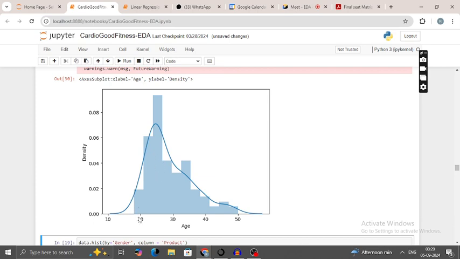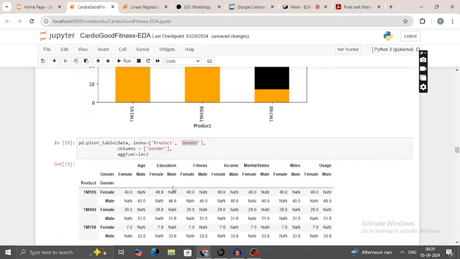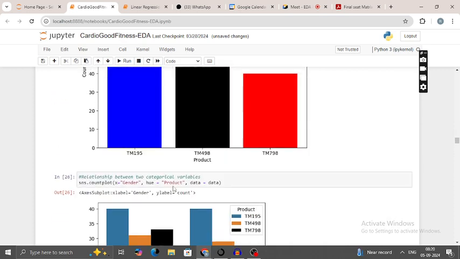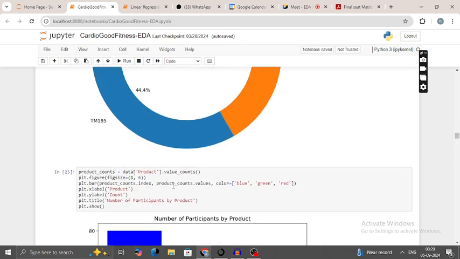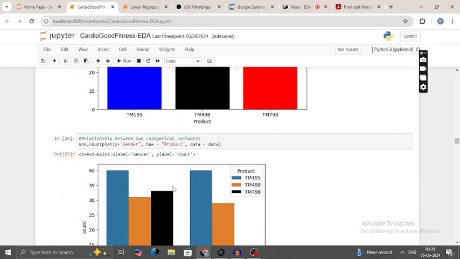So box plot, distribution plot, count plot, pie chart, histogram, pair plots, a series of plots, then crosstab, so many plots. Then you have also used product counts, bar graphs, bar plots.